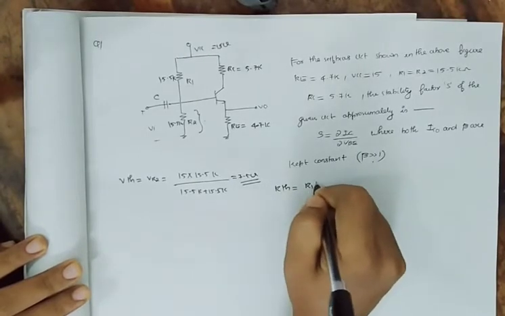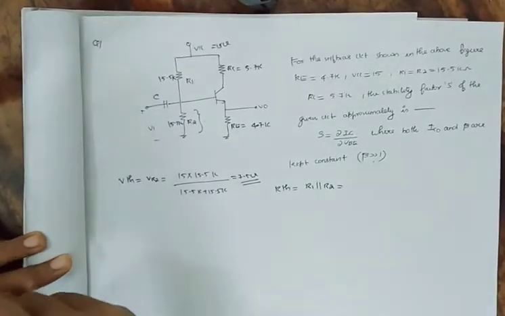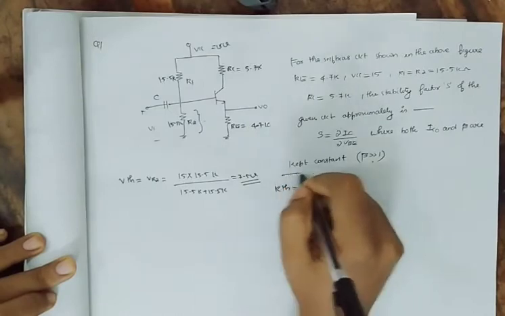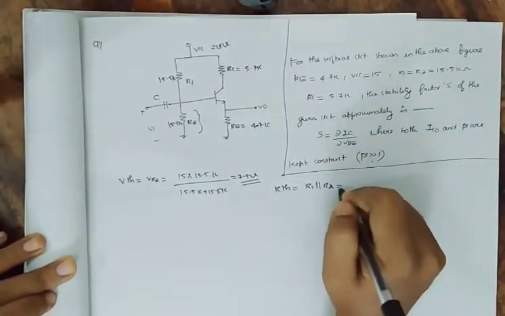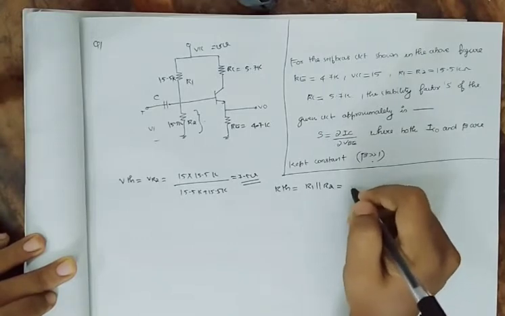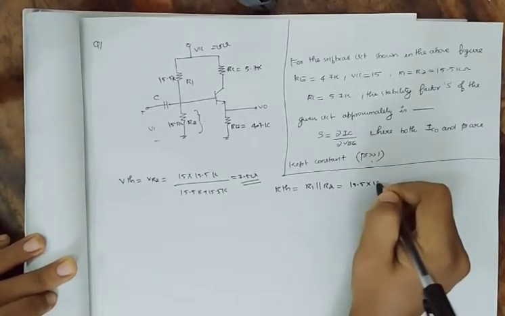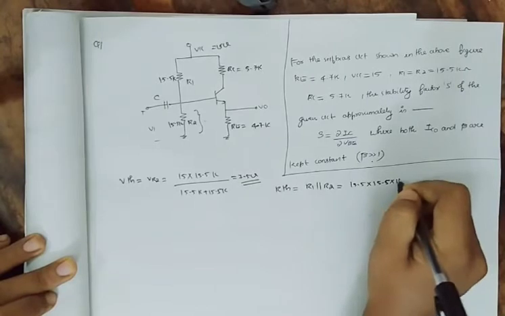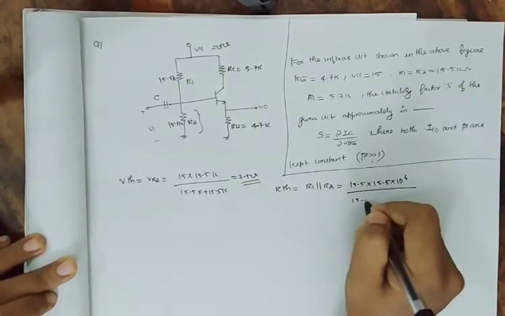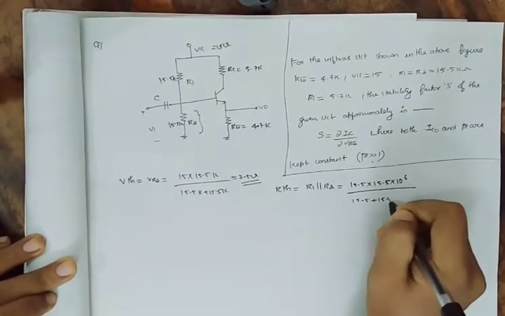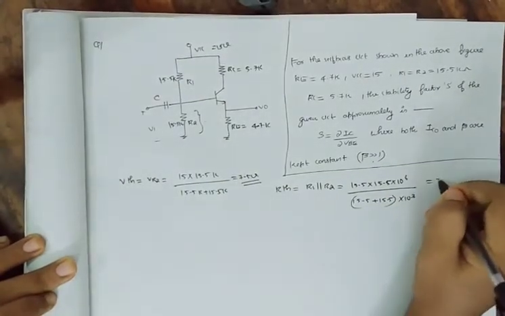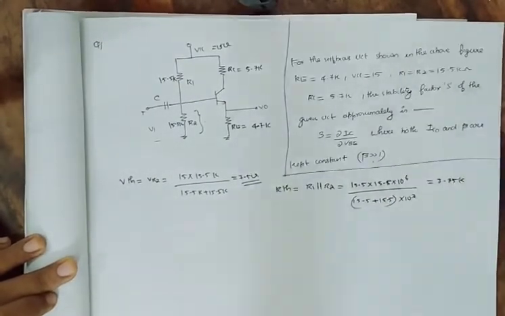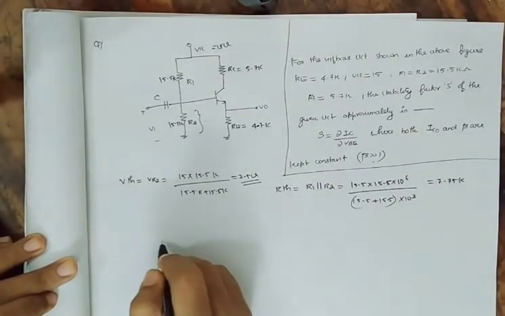RTH is equal to R1 parallel R2, which is equal to 15.5 into 15.5 into 10 raised to 6 divided by (15.5 plus 15.5) into 10 raised to 3, which is equal to 7.75 K.